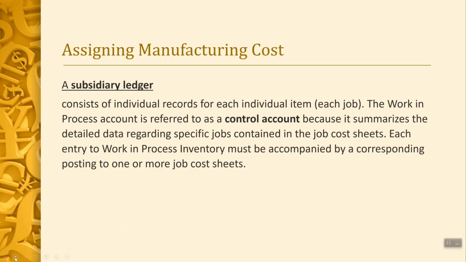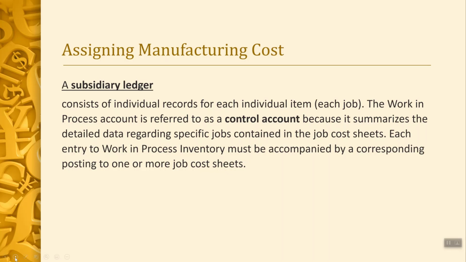Now, the job cost sheet, we usually term that to be a subsidiary ledger for the work in process inventory account. Now, the work in process inventory account is a controlled account. A subsidiary ledger consists of individual records for each individual item.